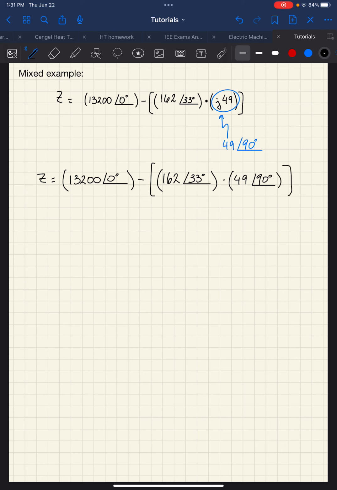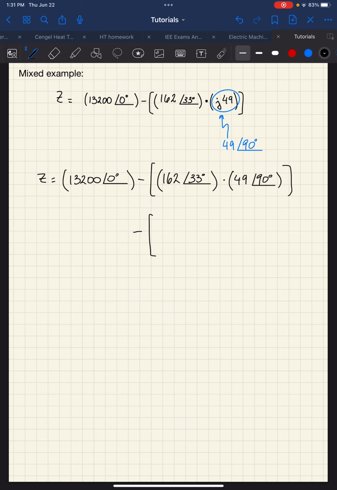Obviously, you have to follow order of operations. That also is important. In this case, we have a multiplication, and we have the best case scenario. They're both in polar form, so the multiplication becomes quite simple. We just have to multiply the magnitudes and then add the phase angles.